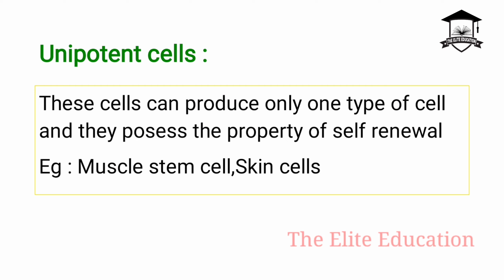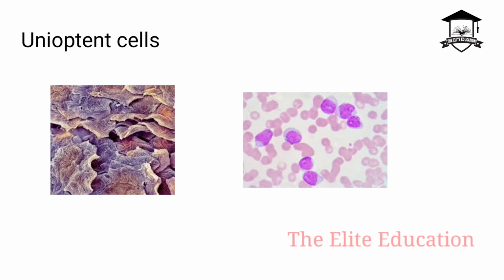The last one, unipotent cells. These cells can produce only one type of cell and they possess the property of self-renewal. Muscle stem cells, skin cells, etc. Okay, so this is the skin cell and these are various other kinds.